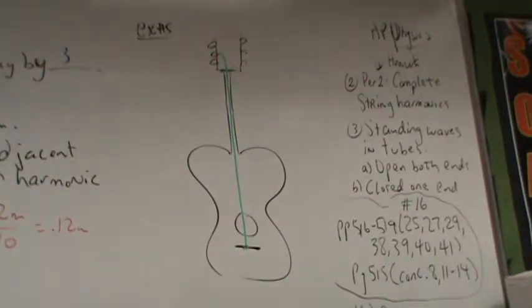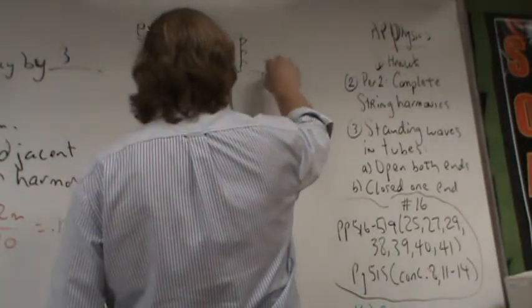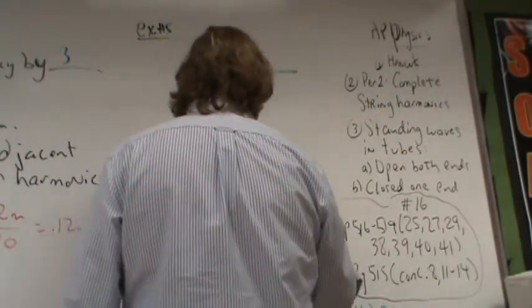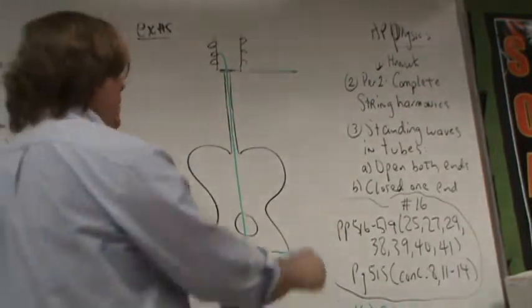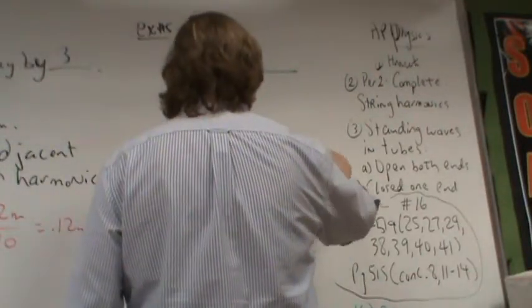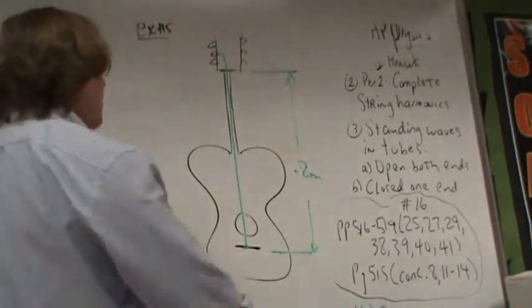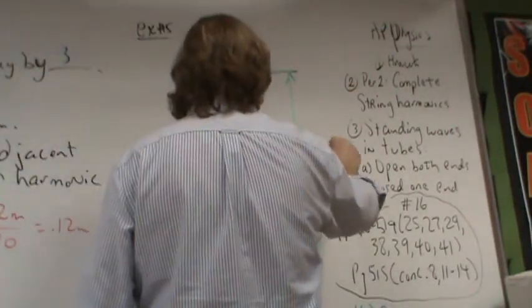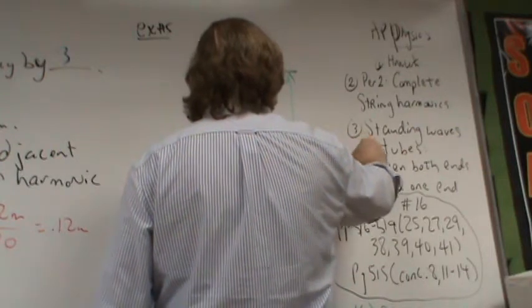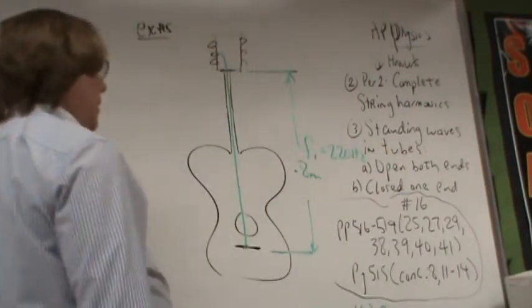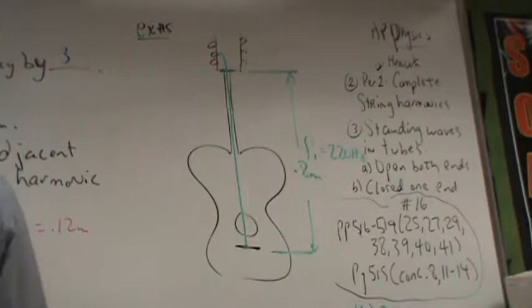So I have a particular string, okay? And this string, from the distance from the nut to the bridge, is 0.8 meters. You guys okay with that? 0.8 meters, okay? And it turns out that this string has a fundamental frequency of 220 hertz. My question to you is this. I want to fret that string so that I get a frequency of 262.